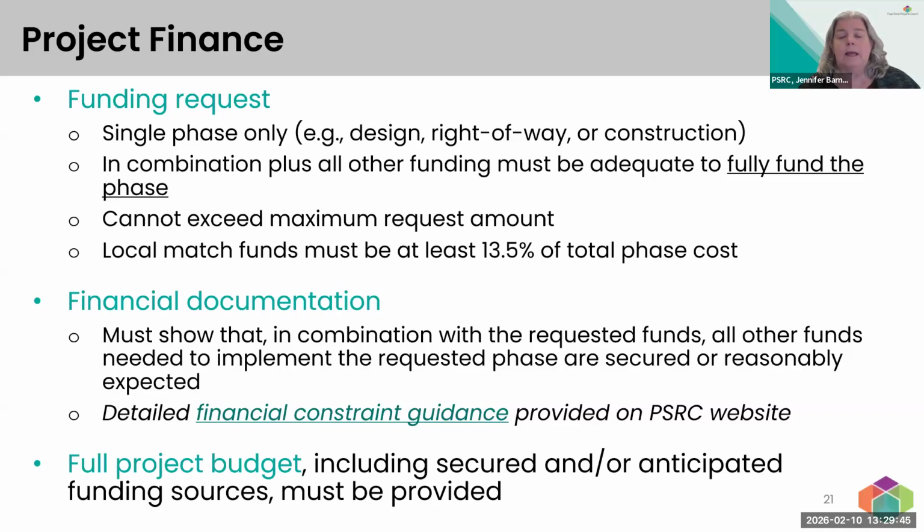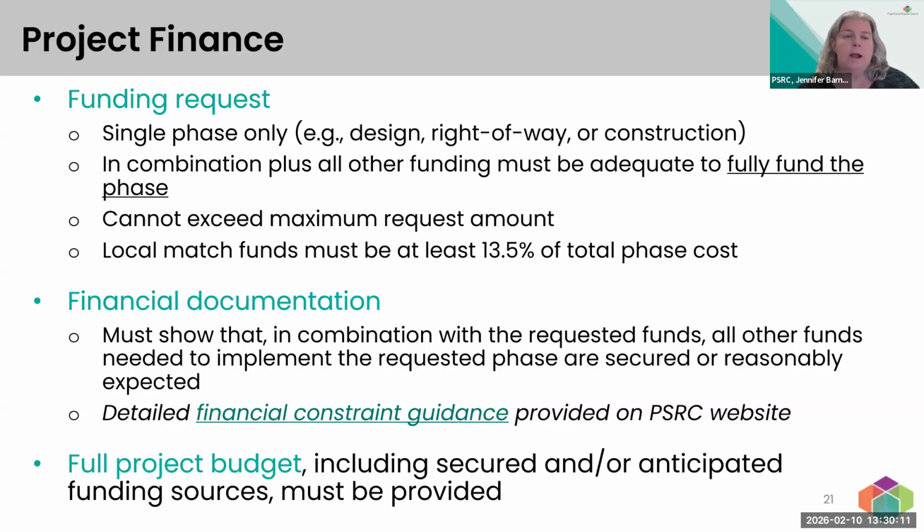It's the same information that we ask for when we're programming your TIP funds, for anybody who's worked on a TIP. We have that guidance available on our website, and there's also a link on the call page and staff who can answer questions about that. I'd say financial documentation and project readiness are probably the areas where we spend the most staff time making sure everything is square.